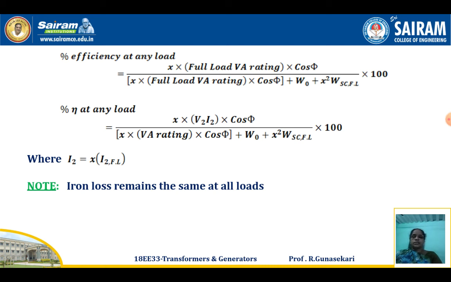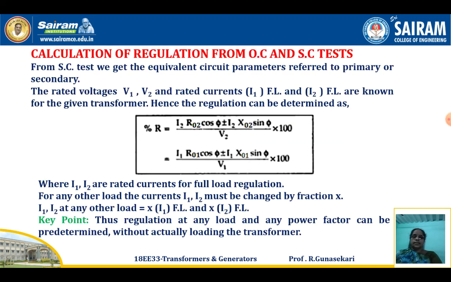In this case, I2 is X into the full load current, where X is the fraction. If it is copper loss, you multiply by X squared. If it is current, multiply by X only. I already told you iron loss remains the same for all loads. This is the way for calculating efficiency by using the OC and SC tests.